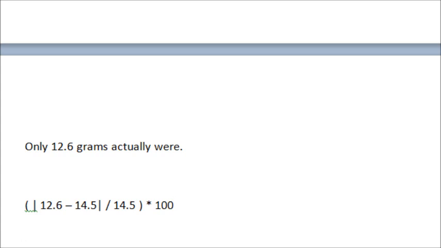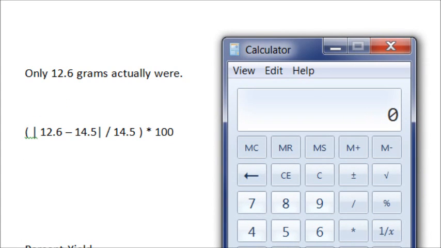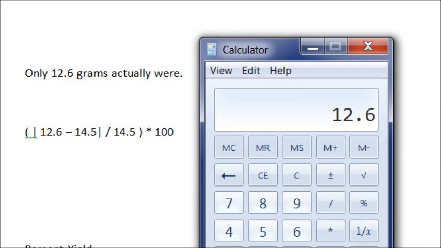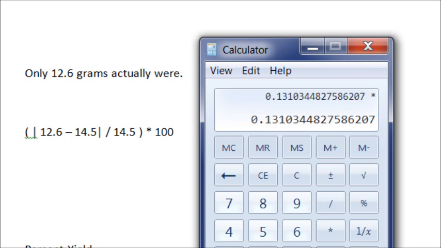So this is going to be negative 1.9, but since it's absolute value, just 1.9 over 14.5 times 100.